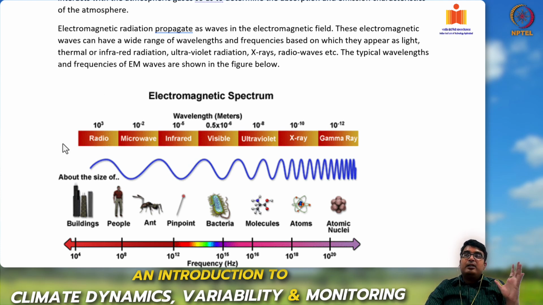Radio waves are the lowest in terms of frequency and largest in terms of wavelength. Gamma rays are the highest in terms of frequency and lowest in terms of wavelength. Photon energy is proportional to frequency. So gamma rays are made up of highly energetic photons, and radio waves are made up of much lower energy photons.